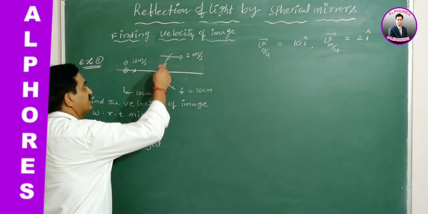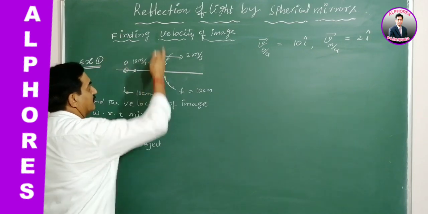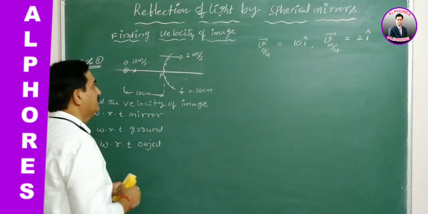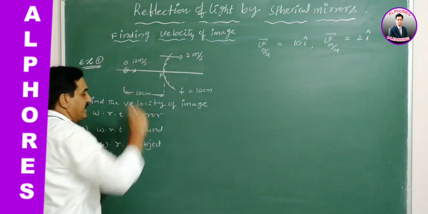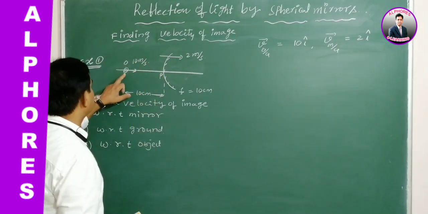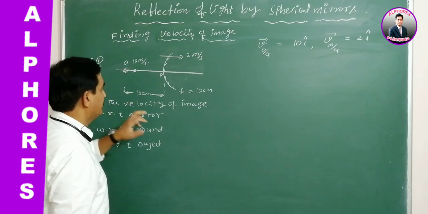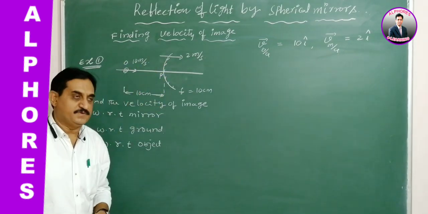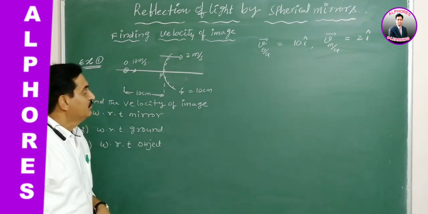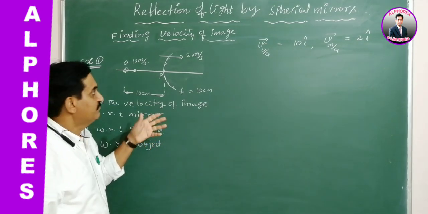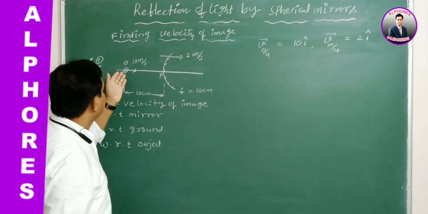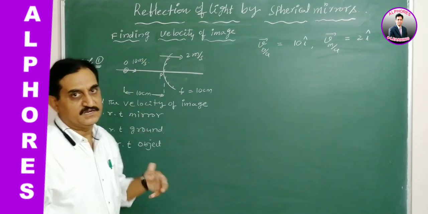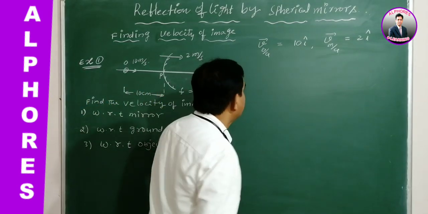There is no question of a component of velocity of the object and the mirror perpendicular to the principal axis. Means the object is not moving perpendicular to the principal axis, and the mirror is not moving perpendicular to the principal axis. Therefore, no need to develop the velocity of object in the perpendicular direction, or the velocity of image in the perpendicular direction. These two are 0, right?